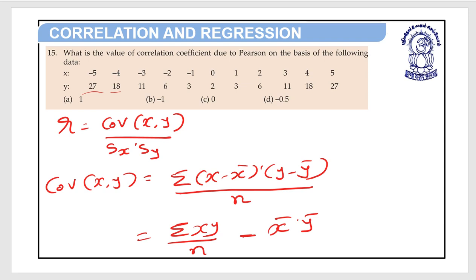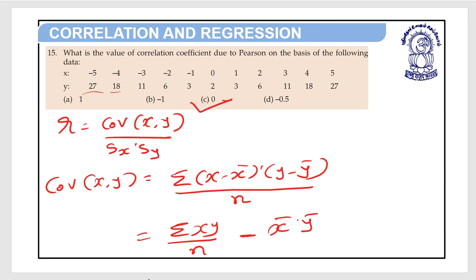So what is the value of correlation coefficient due to Pearson on the basis of the following data? It becomes 0.